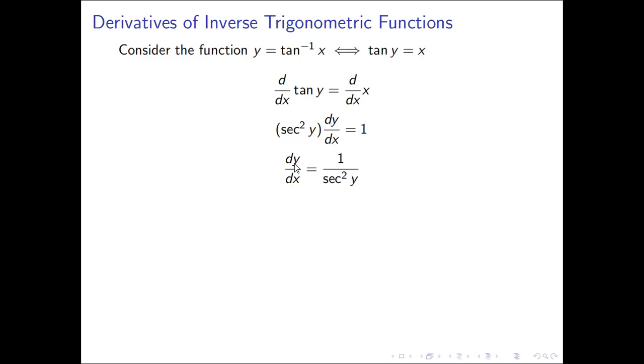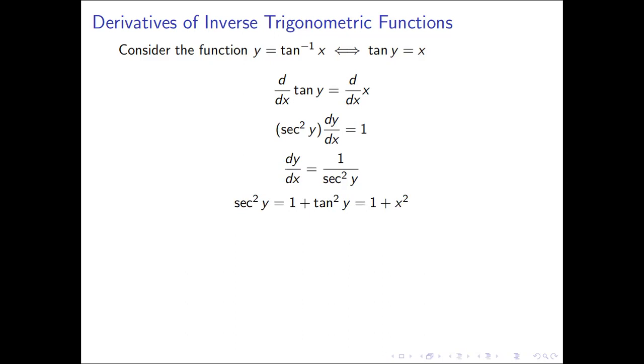However, the derivative is in terms of y. We want it explicitly in terms of x. So we need to solve for secant squared y in terms of x. And it's not hard since we have what we call a Pythagorean identity, which you may not be familiar with. But anyway, in high school, you may have already encountered a Pythagorean identity like this. This is not actually the scope of the course, but this is under Math 21, though in the previous semester, we haven't included it.